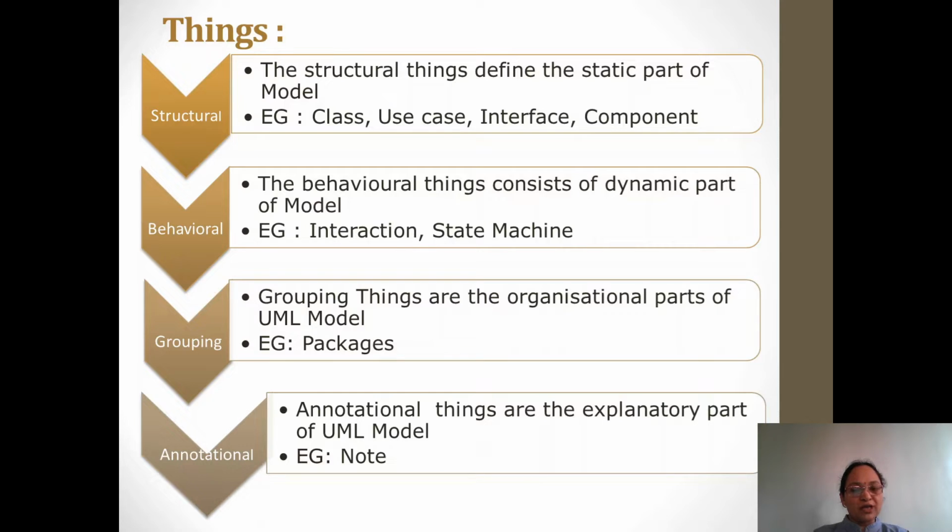Grouping things are the organizational parts of the UML model, where different sets of components are clubbed together. For example, packages. Annotational things are the explanatory part of the UML model, which can be used for commenting on the design. For example, a note.